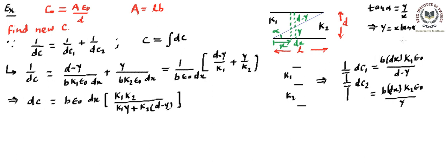So we will be putting the value of y here in terms of x, and then integrating for finding this C. So now C will be the integration of this stuff.